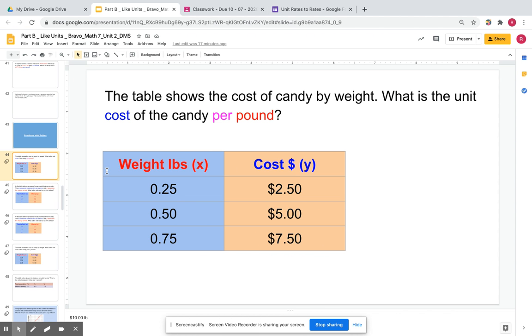The table is the same concept as you guys did in the other problems. You're basically just finding the unit rate again, but Y is always on top and X is always on the bottom. We'll discover why later, but for right now, you should just know that the money sign goes on top always.